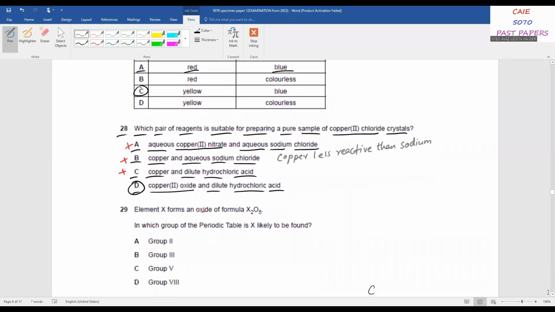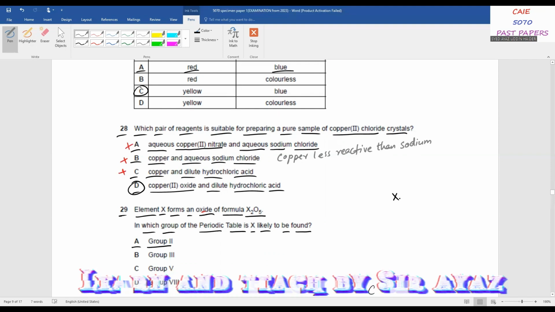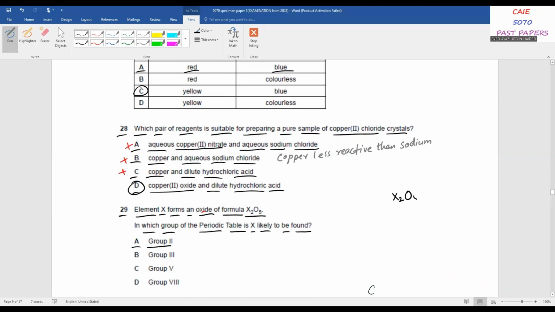Number 29. Element X forms an oxide of formula X2O5. In which group of the periodic table is X likely to be found? A, group 2. If you look at the formula, this is X2O5.